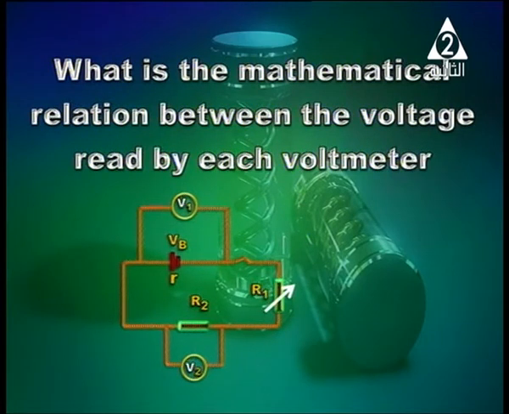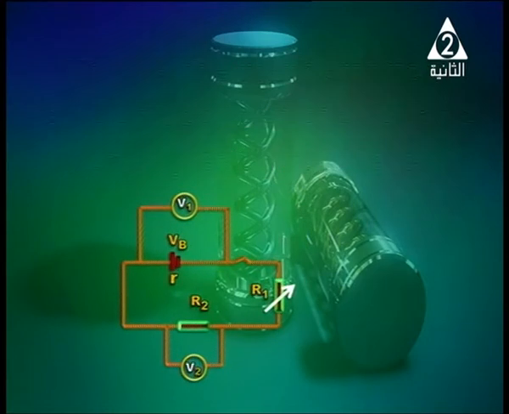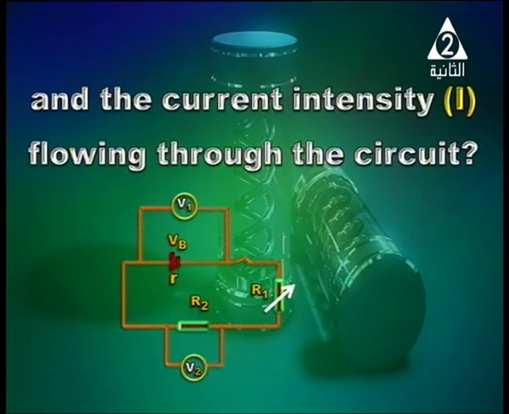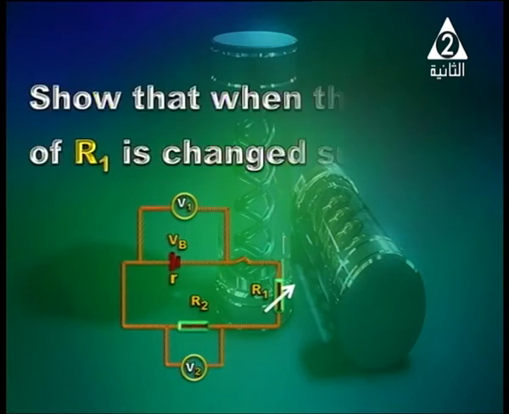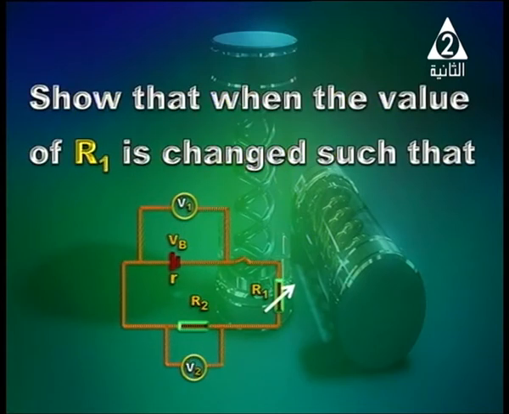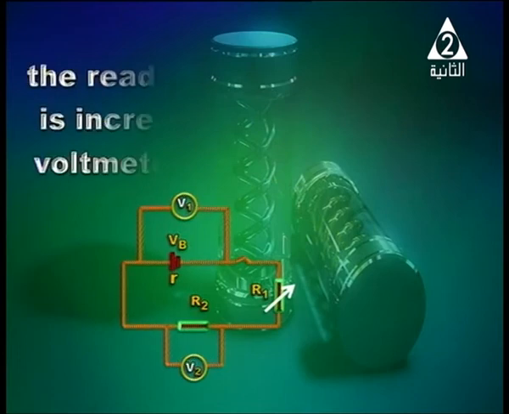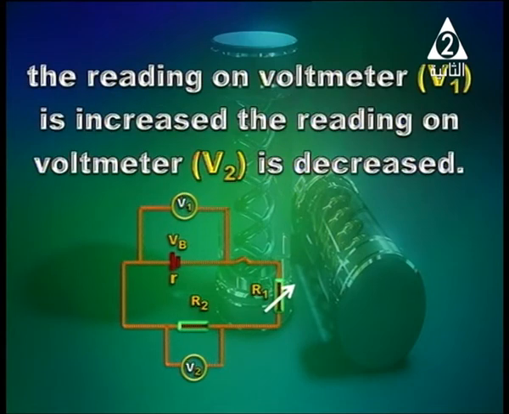We want you to give the relation that relates both of them and the current intensity flowing through the circuit. And show that when the value of R1 is changed such that the reading on the voltmeter V1 is increased, the reading on the voltmeter V2 is decreased.